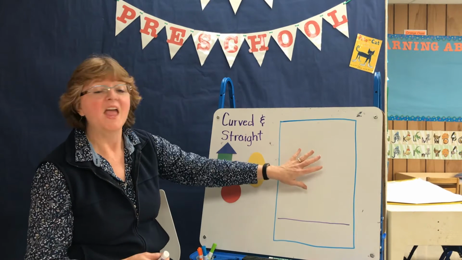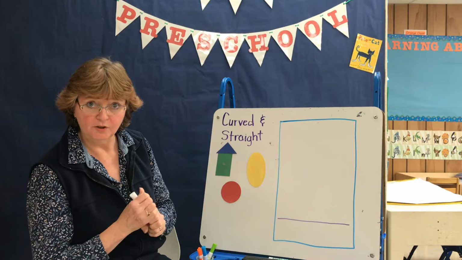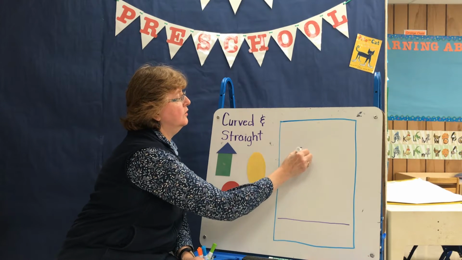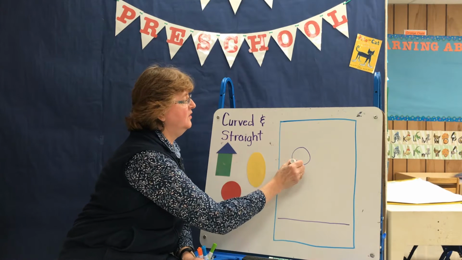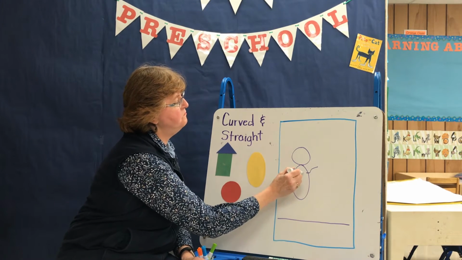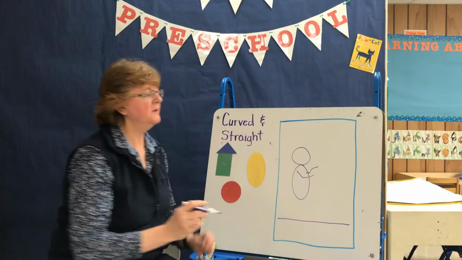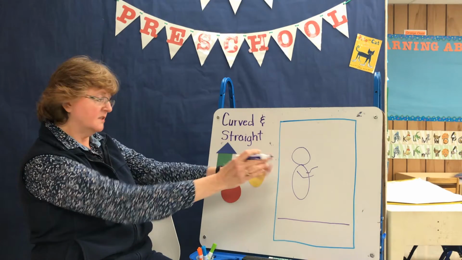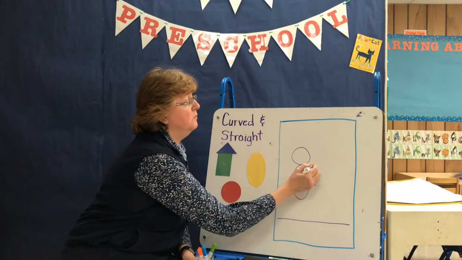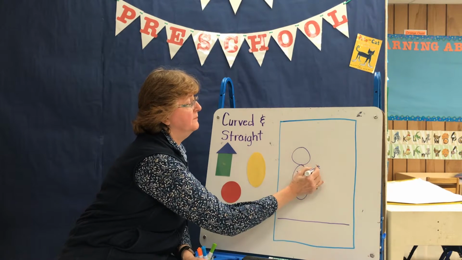Well, here I go. I am always in my story because I'm telling the story. So here's a curved shape and another curved shape. And I'm going to add two arms, but my arms are reaching sideways this time, so I didn't bring them out both sides. Another day we'll talk more about how you draw a person.